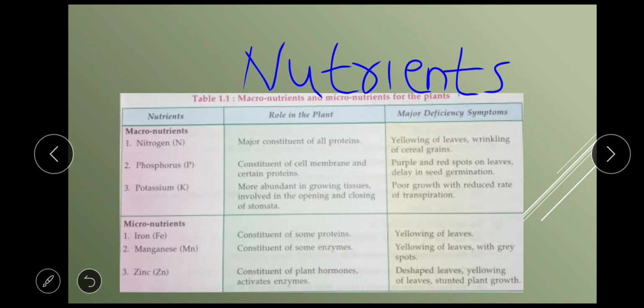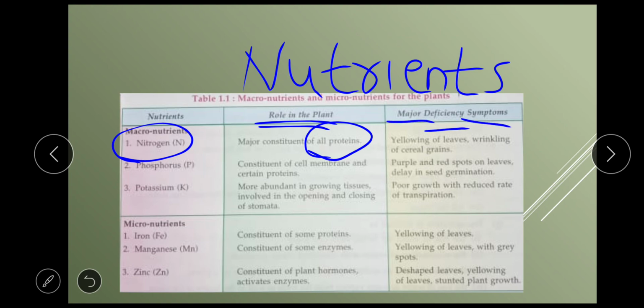So the nutrients, first, nitrogen. What is the role of nitrogen in a plant? It gives the plant proteins. The major deficiency symptom, meaning if nitrogen is not there in the plant, is yellowing of leaves. You may have seen in some trees and plants the leaves become yellow.